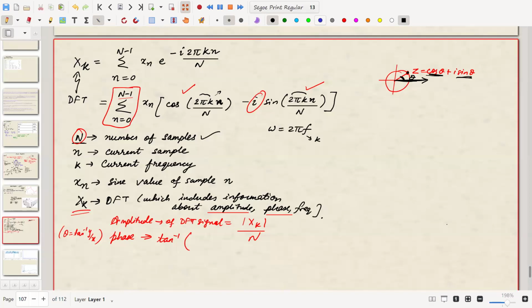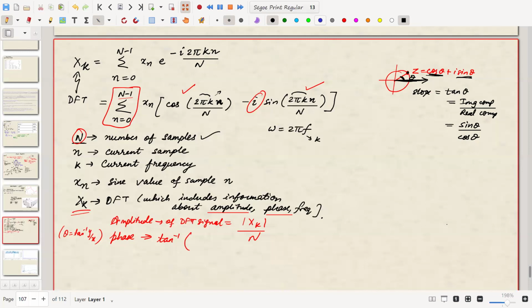And what should be the slope? The slope should be tan theta. It is just the imaginary component divided by the real component, isn't it? What is the imaginary component here? What is the real one? Cos theta. You see, tan theta equals sin theta by cos theta.